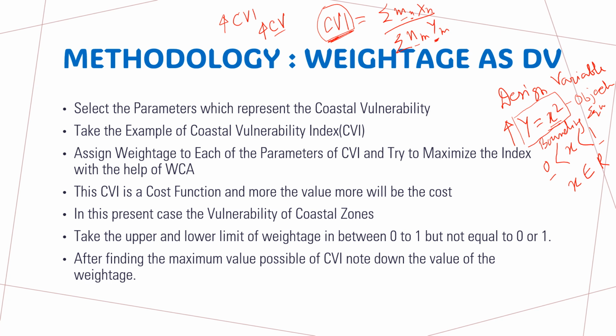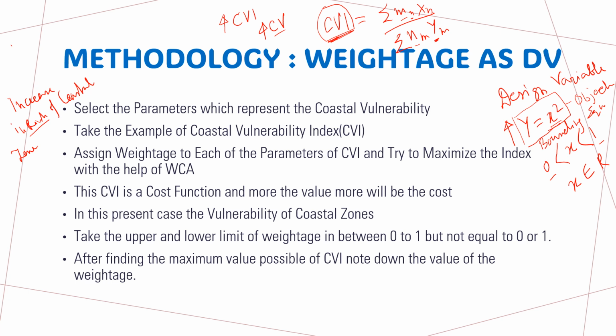Or, in a more scientific term, we can say the increase in risk of the coastal zones. This risk can be monetary, this risk can be environmental, this risk can be geomorphological, any type of risk it can be.